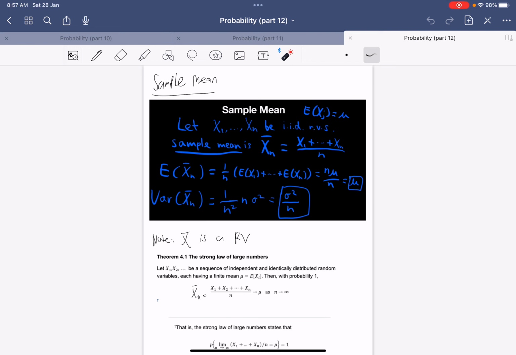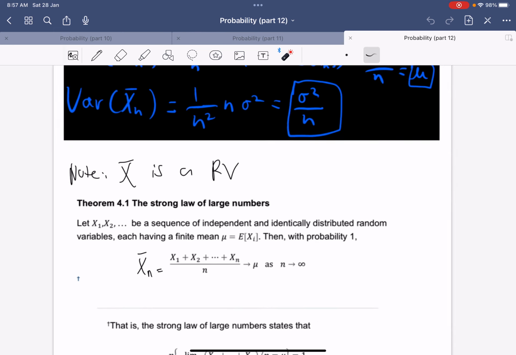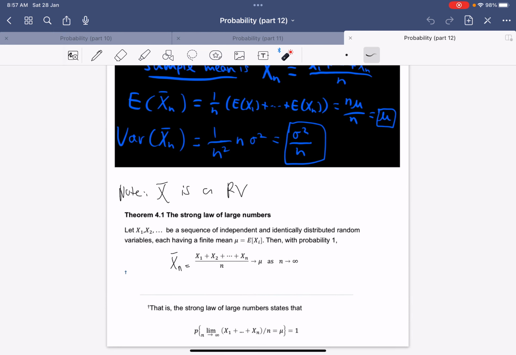The first one is known as the strong law of large numbers: if you take the sample mean as you take more and more trials, this sample mean will approach mu with probability 1. It means in a very, very long run, the sample mean will approach its expected value mu, with a probability of 1.